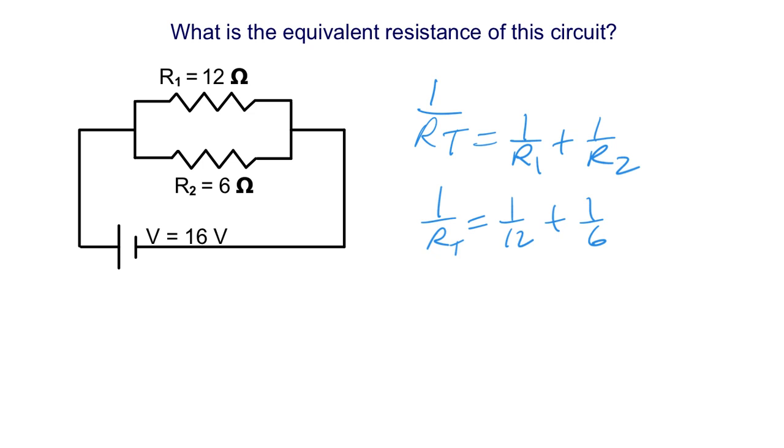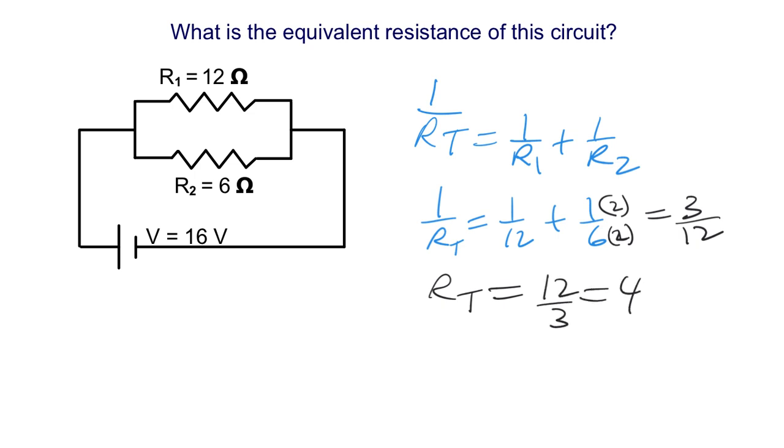I could do common denominators, or I could use my calculator. I'm just going to do common denominators. So this equals 1 plus 2 is 3 twelfths. So that's 1 over RT. RT, or REQ, is 12/3 equals 4 ohms.